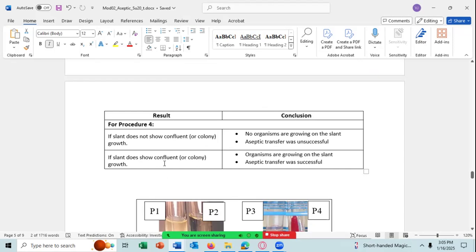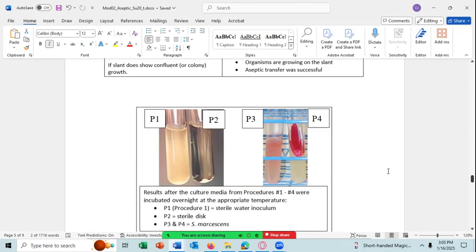If the slant shows confluent or colony growth, organisms are growing on the slant and aseptic transfer was successful. So here we have the slant, and there's so much growth that you don't even see the streak, the entire region where we streaked has growth. And then there's some liquid in the tube, and so we're getting the bacteria growing around this way as well.